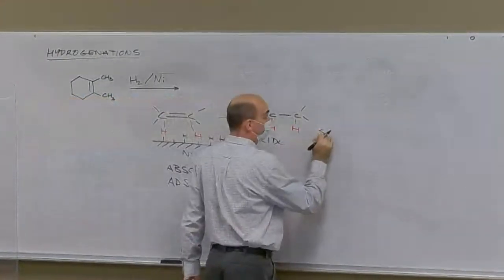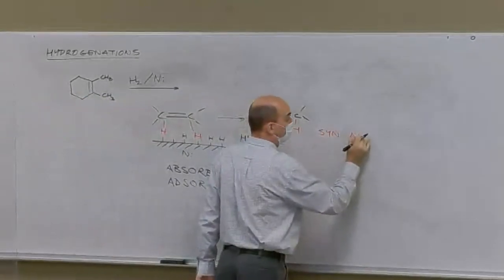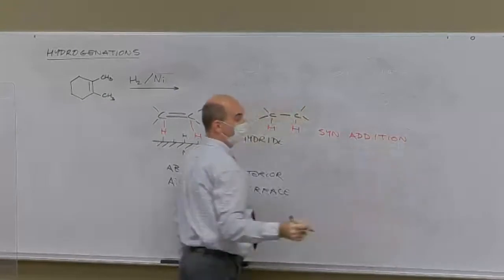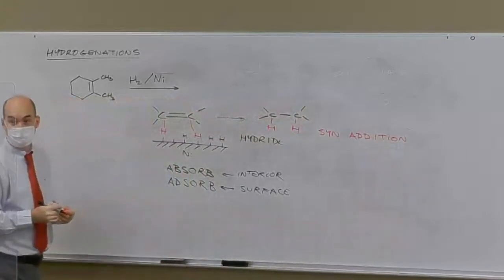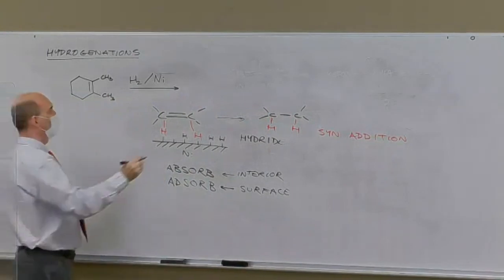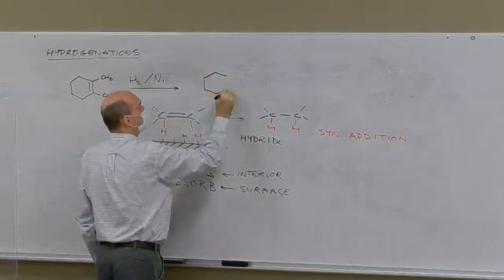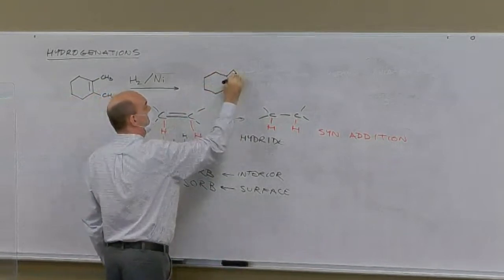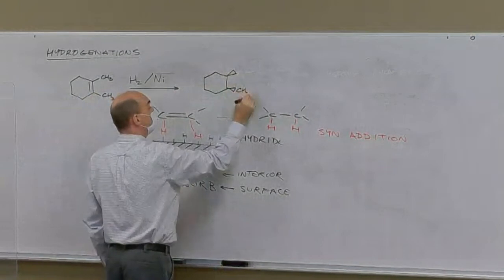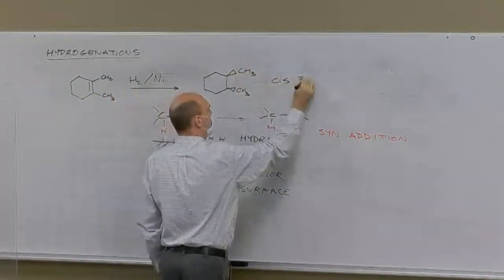The process is called syn. The product is called cis. So syn addition gives us the cis product.